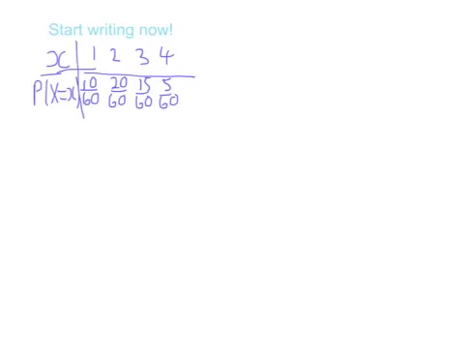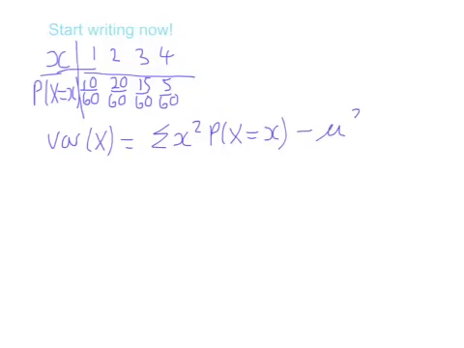Okay, you can start writing now in your pack. This is what you're going to write for the variance. So we're going to write the variance is the sum of x squared times its probability minus mu squared. And if you're not happy with that kind of thing called mu, it's just the mean squared. Okay, so the sum of x squared is 1 squared times 10 over 60.